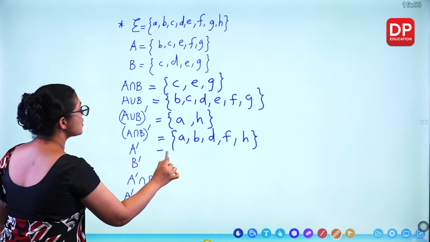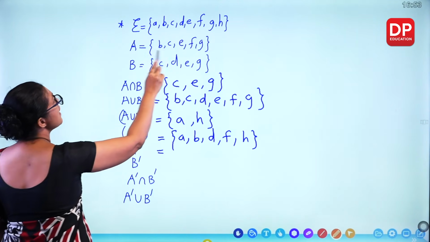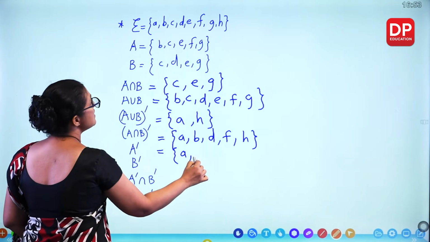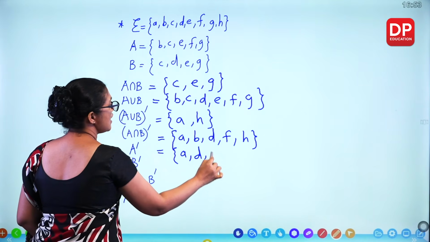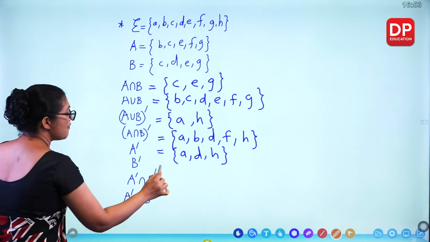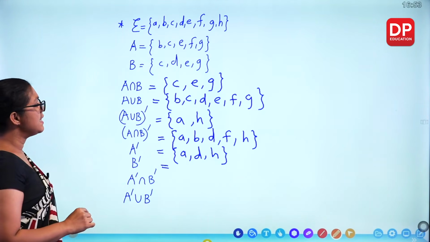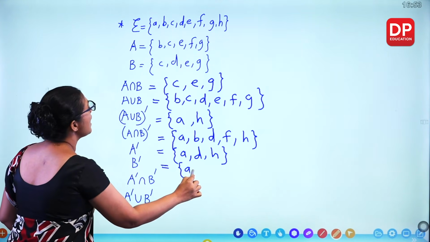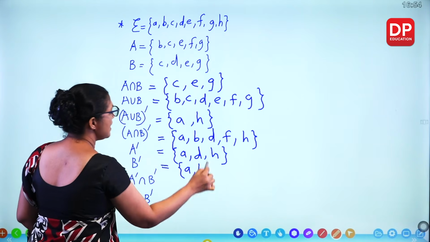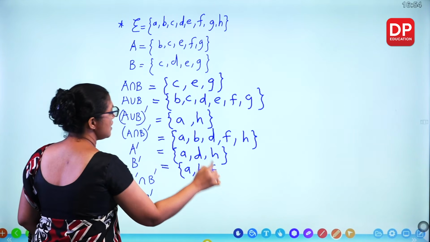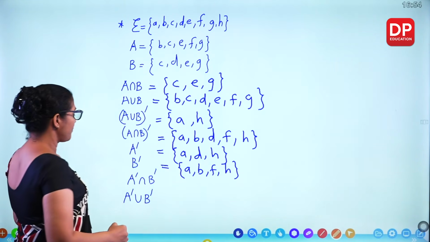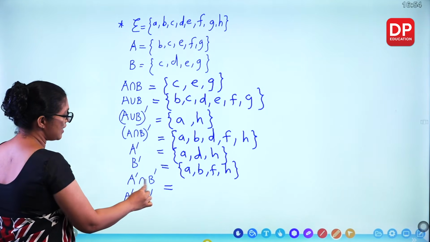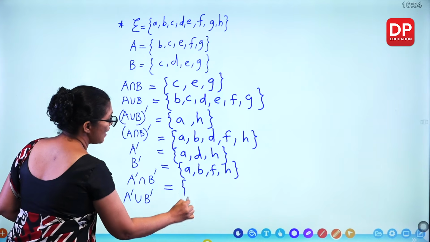Now A dash, everything outside A: A, B, C, D, E, F, G, H. Everything outside B, that's B dash. Write down everything outside B: A, B, C, D, E, F is not there, G, H. Now try to look at these two and identify intersecting elements.